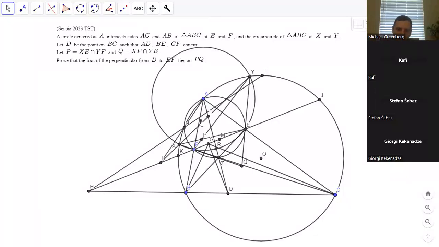Maybe I don't need T, but if I don't use T, basically I want to show that KNE is similar to HNC. And maybe that's just obvious by the spiral similarity. Or sorry, INE and HNC.